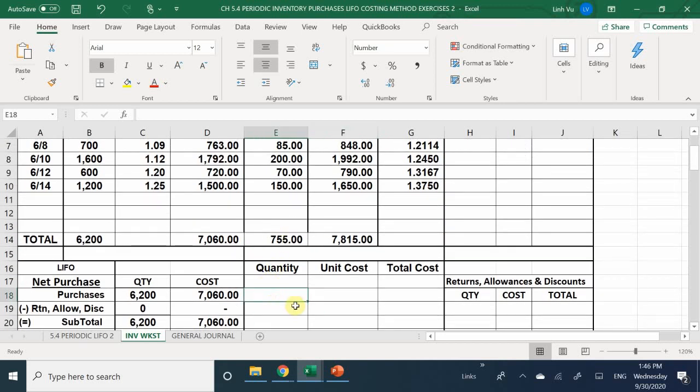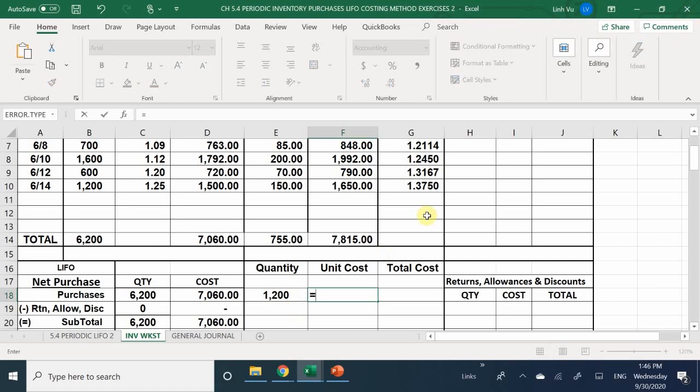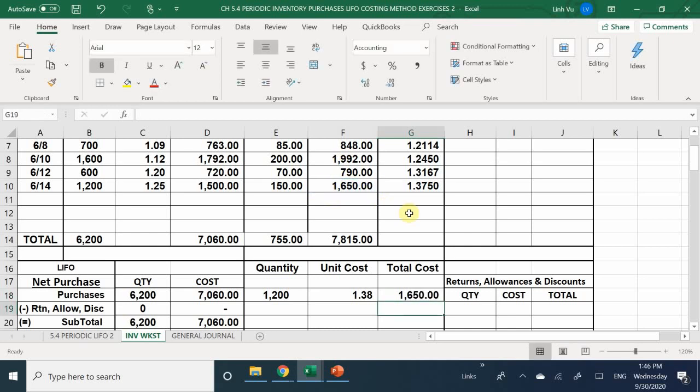So we're going to take the whole 1,200, and because we know what the cost of the entire 1,200 is, we don't need to calculate here, it's going to be for the full 1,650. Okay, and I just copied the unit cost so you know where you're taking it from. It's just a point of reference. All right.